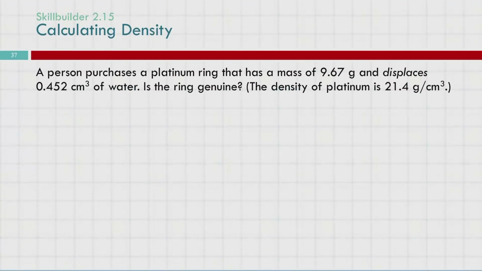Another thing that we can do with density, since it's the same for a substance regardless of the amount that we have, we can use density to identify things. We can compare with known density values, like in this example. A person purchases a platinum ring that has a mass of 9.67 grams and displaces, or moves, a volume of 0.452 cubic centimeters of water.